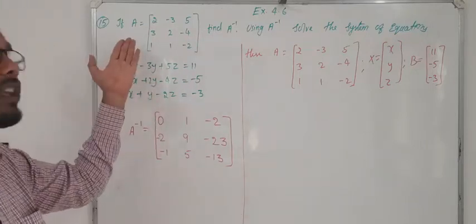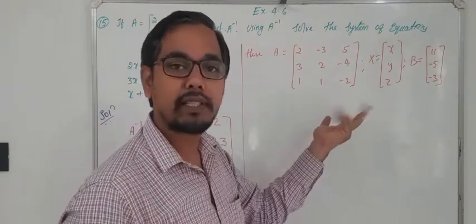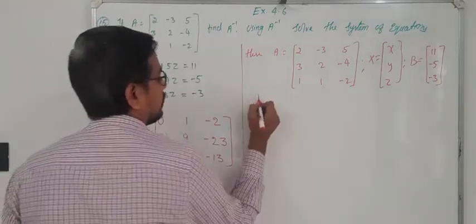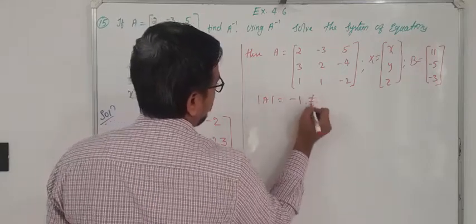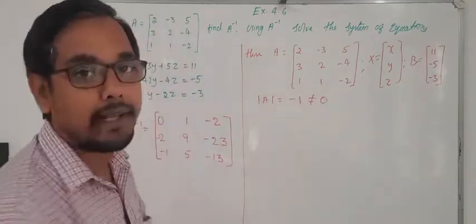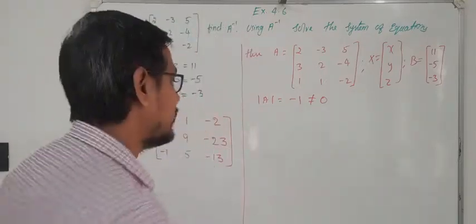So what was the value of determinant A we got here? Minus 1. If we solve this here also, we are going to get the same. So determinant of A is equal to minus 1 and is not equal to 0. As it is not equal to 0, it comes under case 1, right?